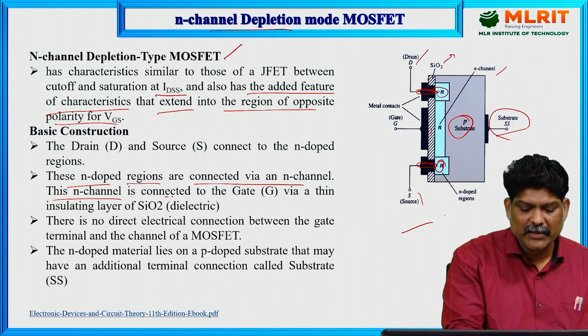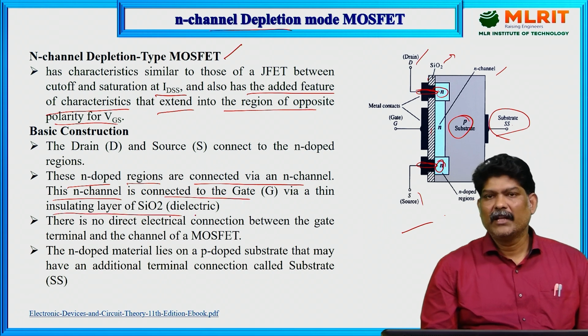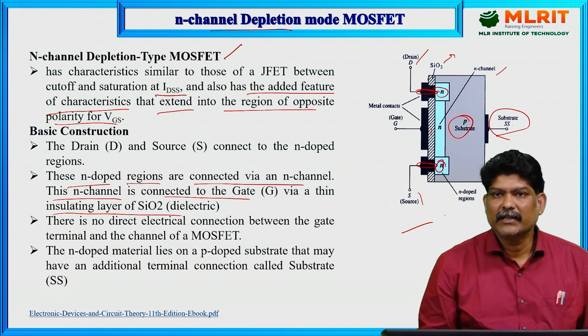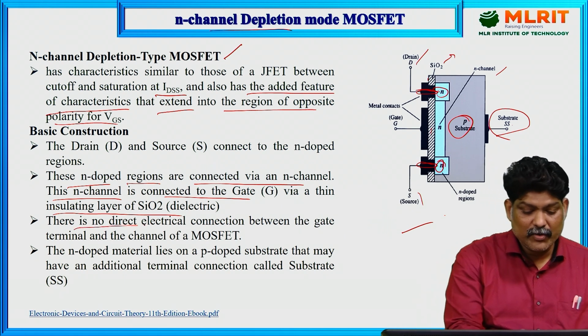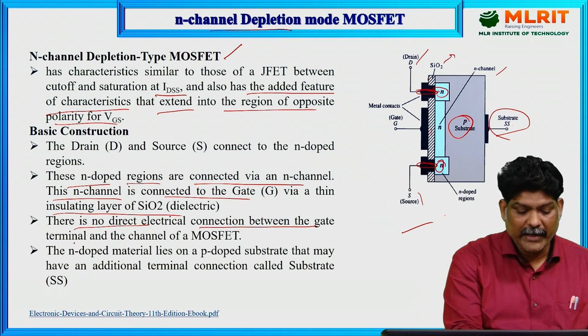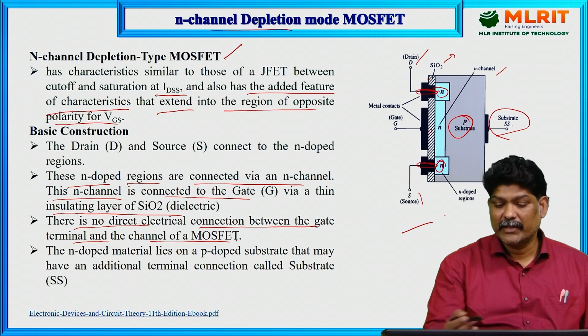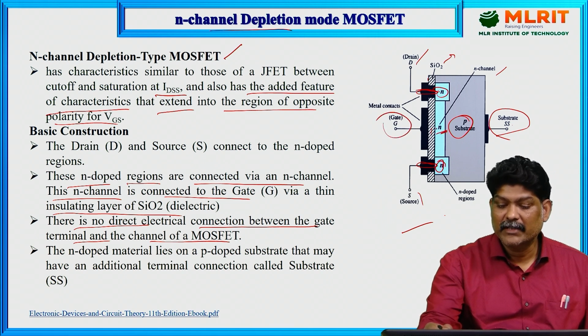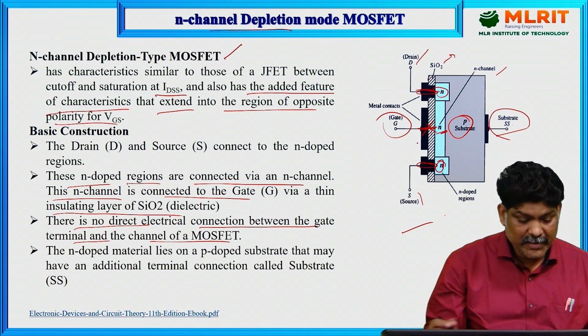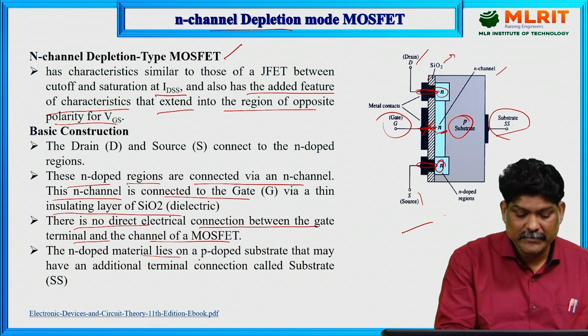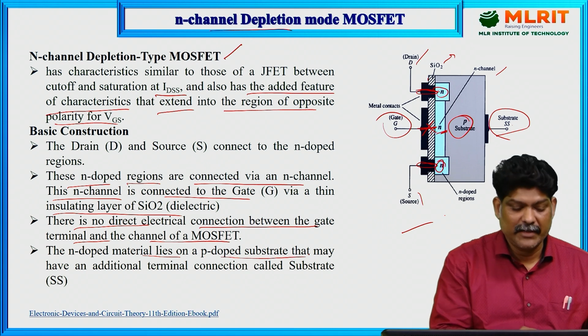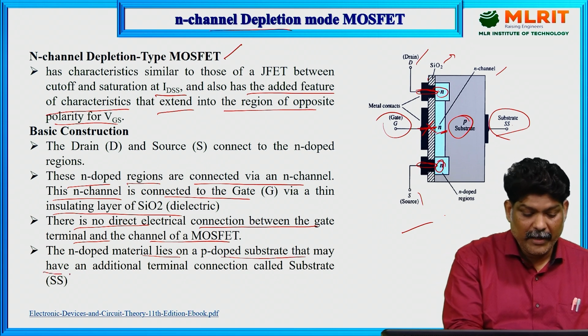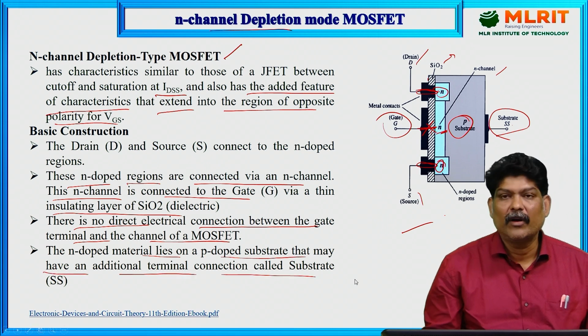This N-channel is connected to the gate via a thin insulating SiO2 layer. There is no direct electrical connection between the gate and channel. You can observe, this is the gate and this is the channel. The N-doped material lies on the P-doped substrate, so it may have an additional terminal connection called substrate SS.